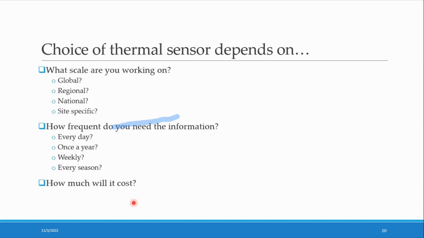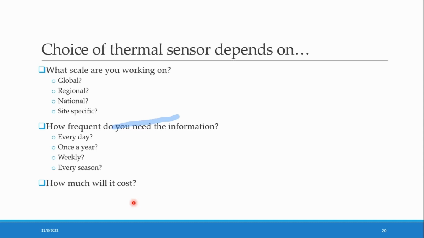What scale are you working on? If you're looking at the entire globe, of course, you will not achieve it with 100 meters resolution. So a kilometer resolution or a 5-kilometer resolution will be good enough. The details from a 5-kilometer resolution, if you're doing global, will be enough.